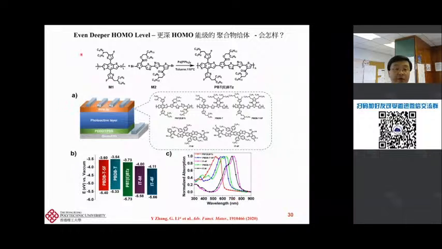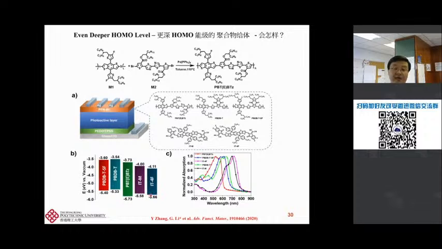And we further try an even deeper HOMO level polymer acceptor. This is the molecular structure here. Now we go back to this BDT here, but this one was designed so that you have a deeper HOMO.